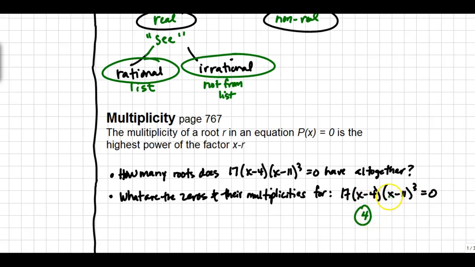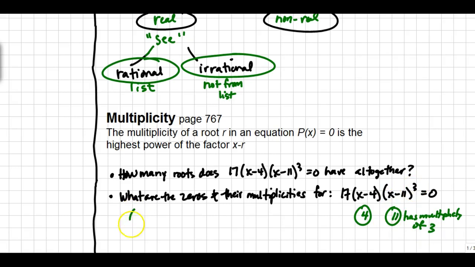Same thing on the next factor. What minus 11 is 0? 11. But know that that particular factor has a power of 3 attached to it, so that means that 11 has multiplicity of 3, meaning that zero appears 3 times.